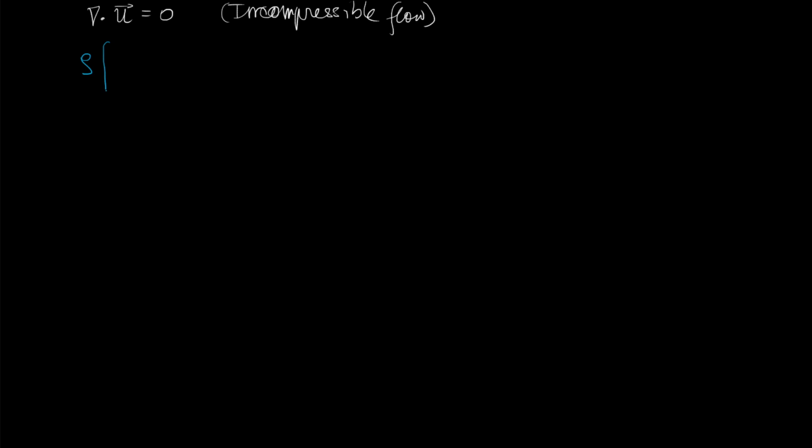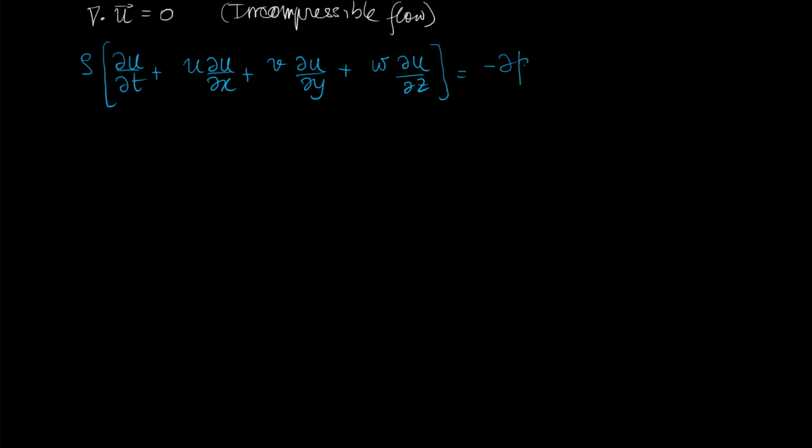So rho del u del t plus u del u del x plus v del u del y plus w del u del z is equal to minus del p del x plus mu times del 2 u del x2 plus del 2 u del y2 plus del 2 u del z2 plus rho times bx, where bx is some specified body force. It's a force per unit mass.